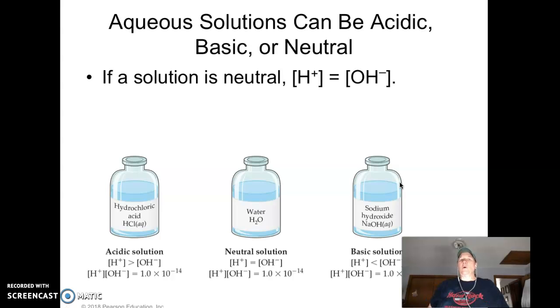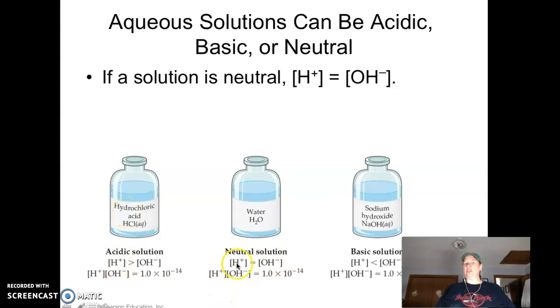Okay? So if I want to figure out if a solution is acidic, basic, or neutral, if you look here, the H3O is higher than the OH. So the hydronium, water plus one hydrogen, we know equals this. If this is the higher one, of course that's going to be an acid.